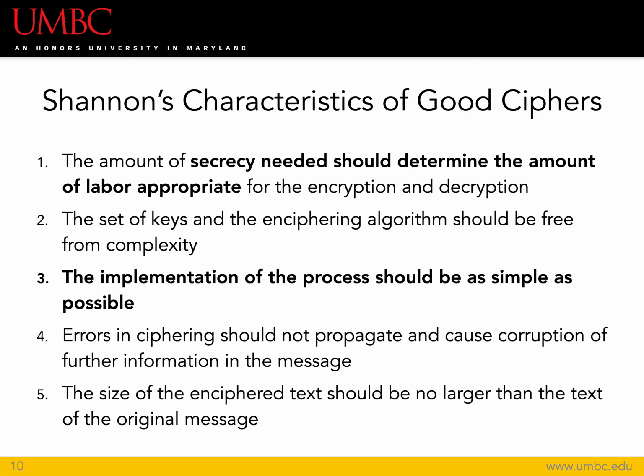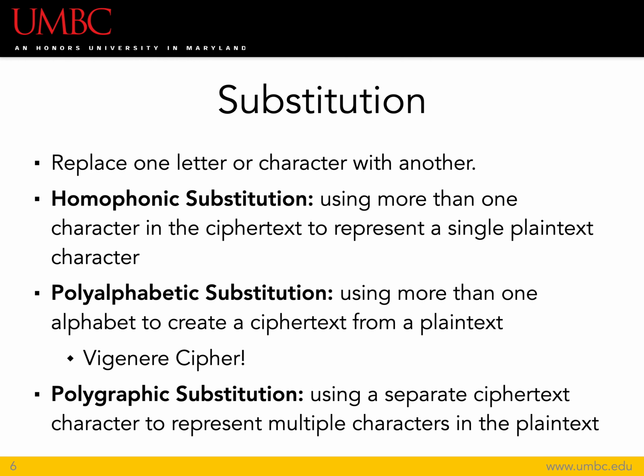And then number 5, finally, you really want the size of the encrypted text not to be larger than the original message. I know that this is not actually possible if you are only using homophonic substitution, where you have more than one character in the ciphertext representing a single plain text character.